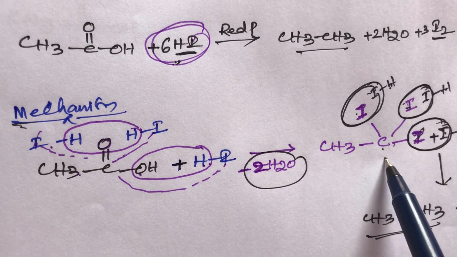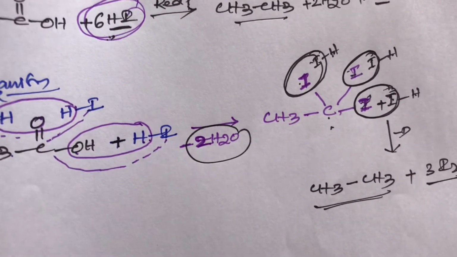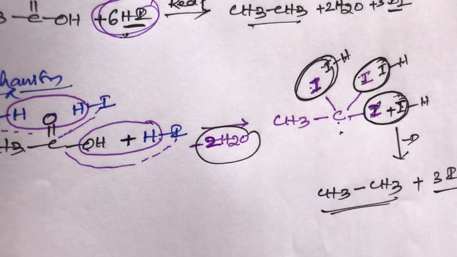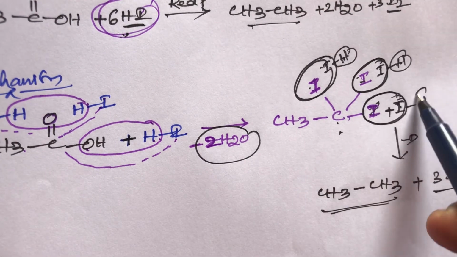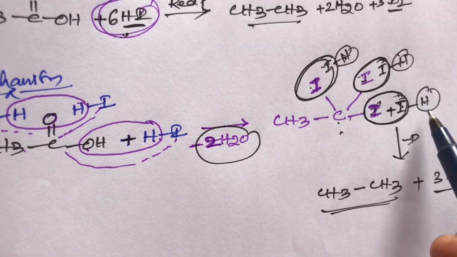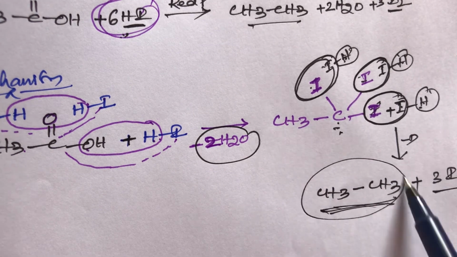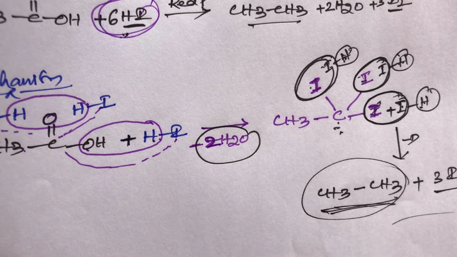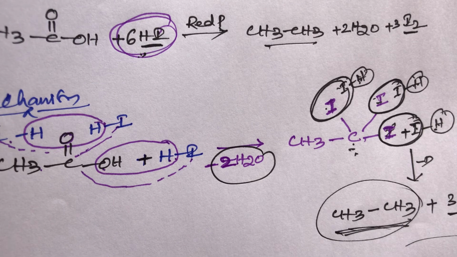Then dehalogenation: complete halogens are eliminated. Then the remaining 3 hydrogens, 1, 2, 3, combine with this carbon. We get CH3-CH3. This is the mechanism of carboxylic acid reduction with HI in the presence of red phosphorus.